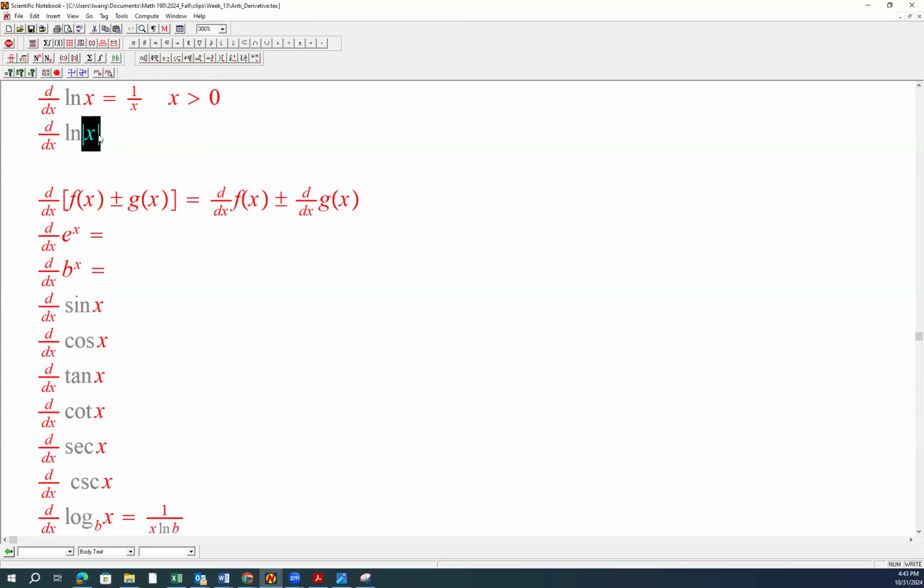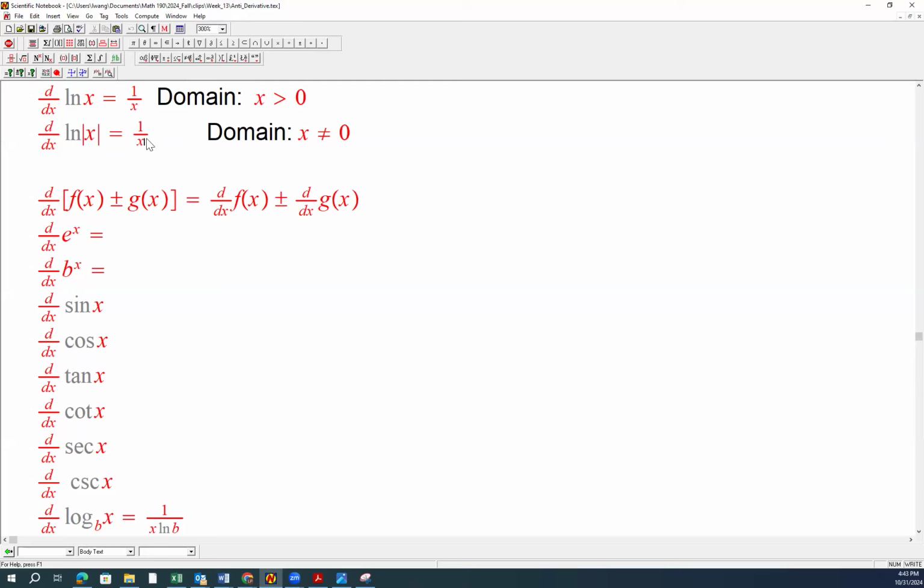The other formula, however, has domain x not equal to 0, and of course that derivative is also equal to 1 over x.